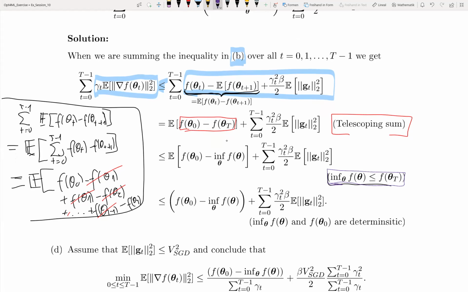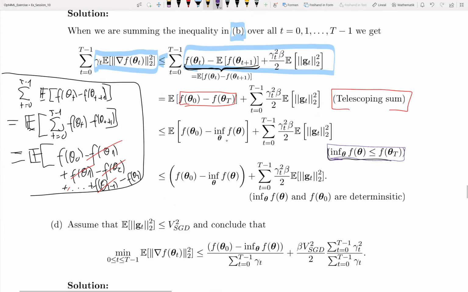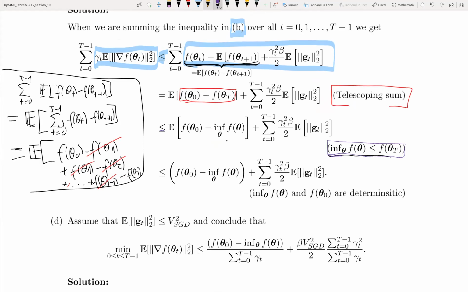So again, using the monotonicity of the expected value, we can replace this with this and only make this larger or equal, when we replace the objective value of f at theta t by the actual infimum.